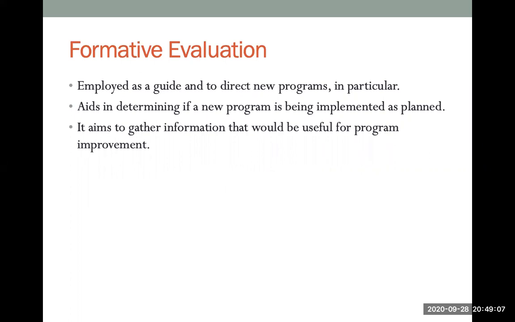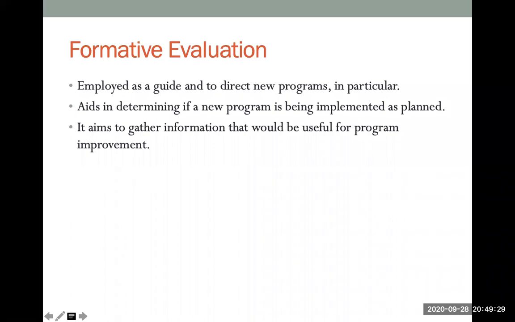It also can inform us on how we adapt interventions to specific target populations and identify the best ways to actually reach the target population that we've identified would most benefit from this program based on the needs assessment.